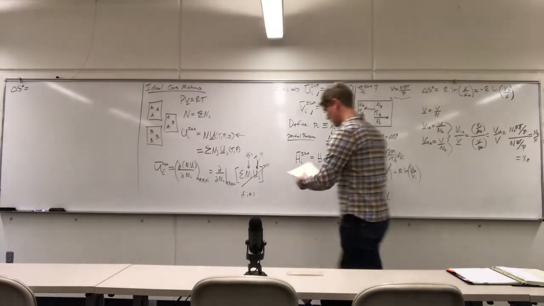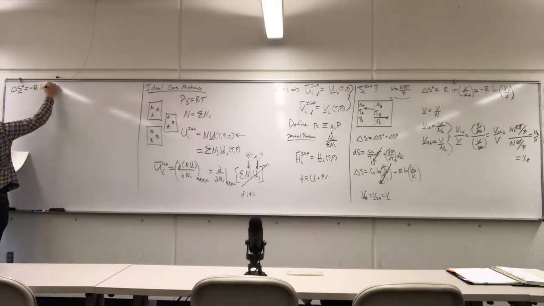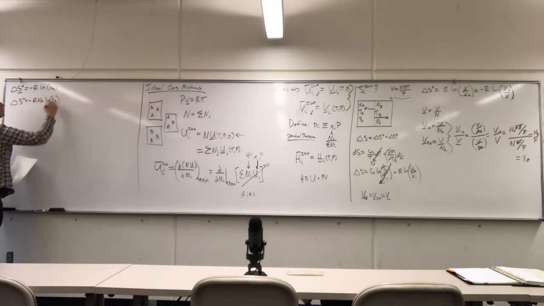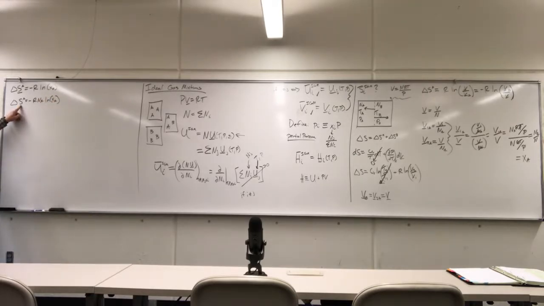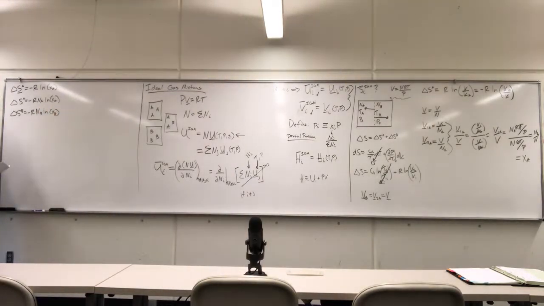Negative R. So we can write that the specific change is minus R natural log of the mole fraction of A. Or we can write that the total entropy change is minus R times the number of moles of A times the natural log of the mole fraction of A. Same thing for B. Exactly the same, but just substitute those two out.